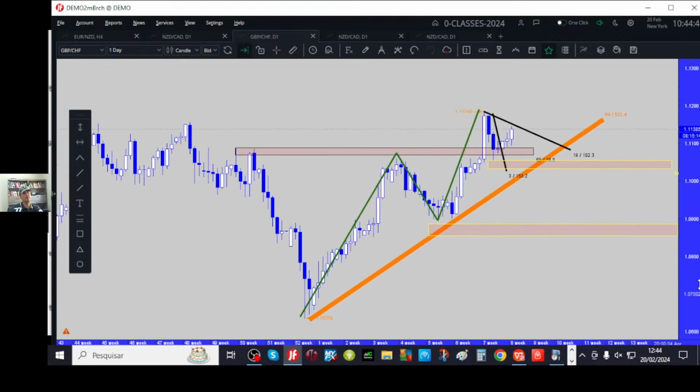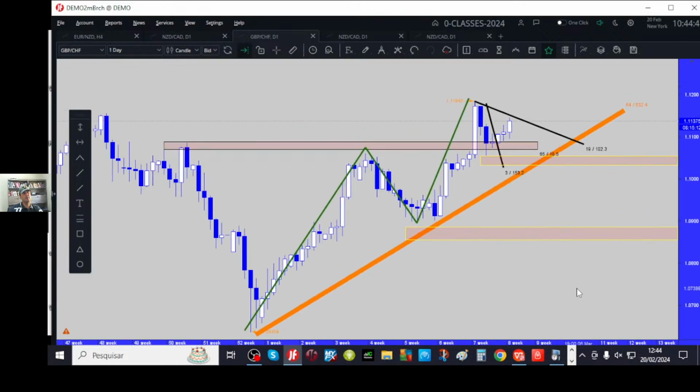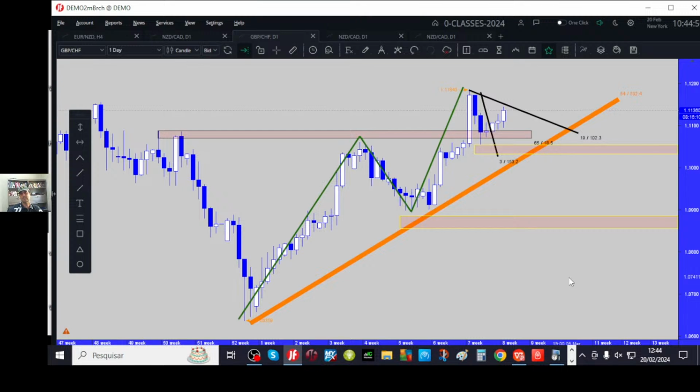Who is leading the price on the daily? If the daily is the father, who is the grandfather?